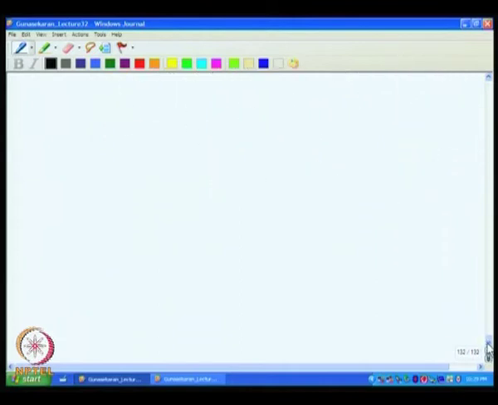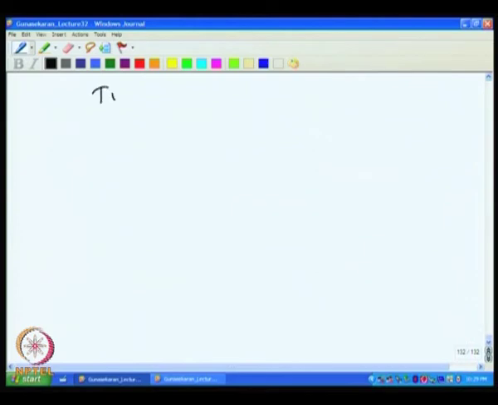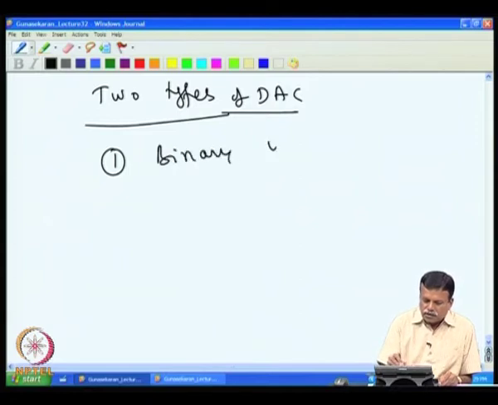Now, having seen the general working of a DAC, let us see the types involved and how they work. There are two types of DAC. One is the binary weighted DAC.